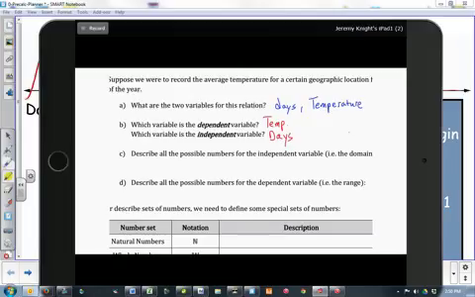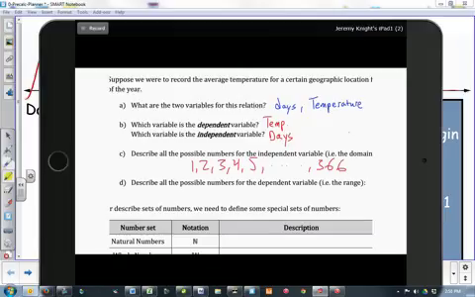Are we going to use 0? No, in this case we're probably going to start with day 1, the first day we collected data, then the second day. So the possible days are 1, 2, 3, 4, 5, up to 365. What if it's a leap year? It could be 366 if it's a leap year. So we'll go with that.